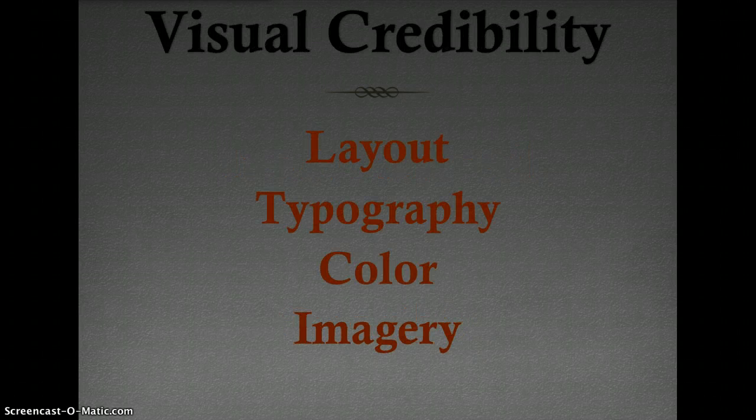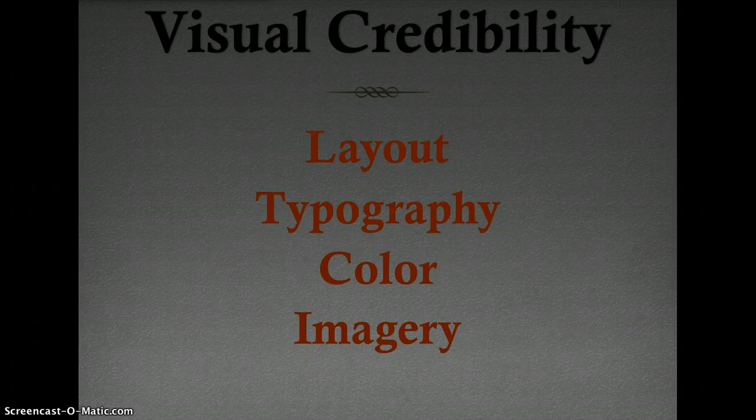And then there are four items that make a website credible visually, and those are the layout, typography, color, and imagery. Now your content or the words are sending a message, and these four things, the visual part of your website, are also sending a message, and they need to work together to create the message that the person looking at the website will get.